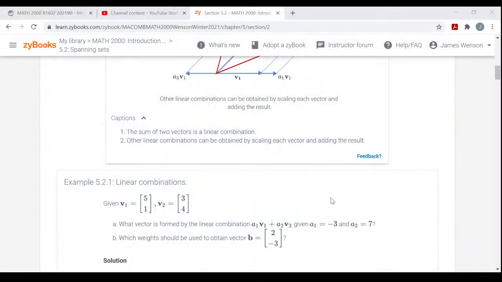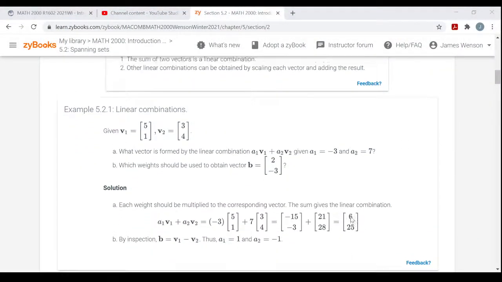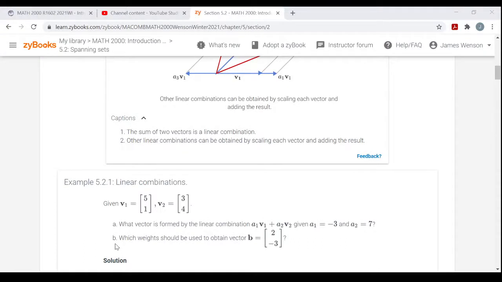Okay, so back here, now they see they got the 6, 25. Part B, which weights should be used to obtain vector b here? So what should I multiply v1 by? What should I multiply v2 by to add them up, get a linear combination that makes the vector 2, negative 3?